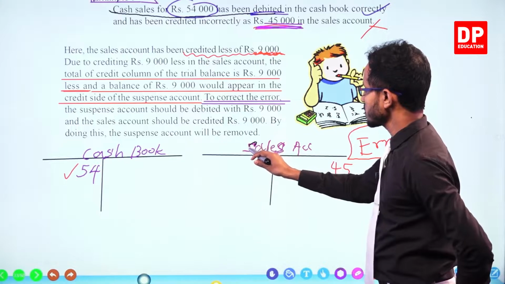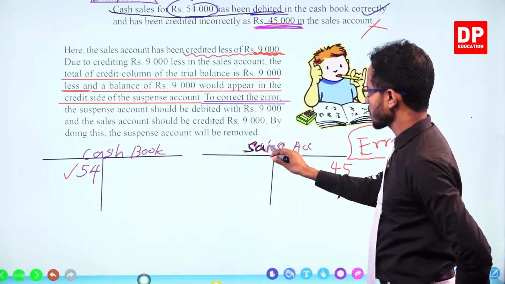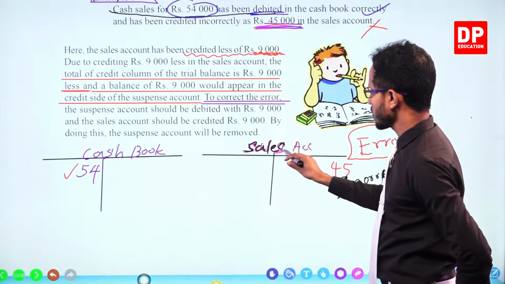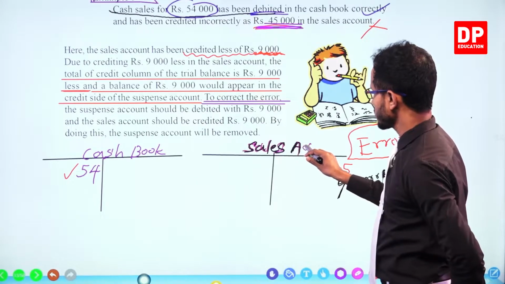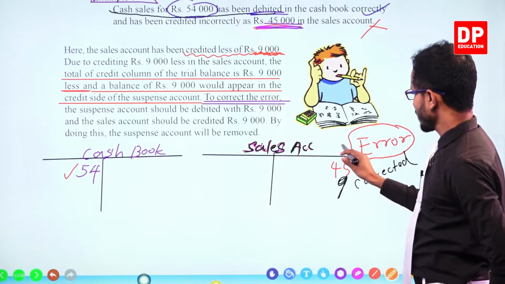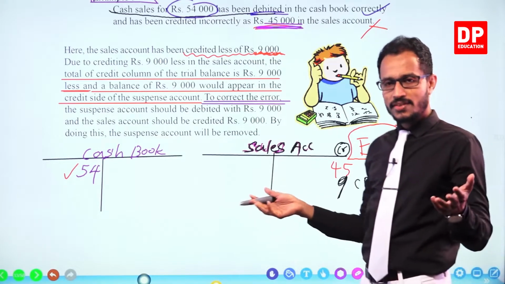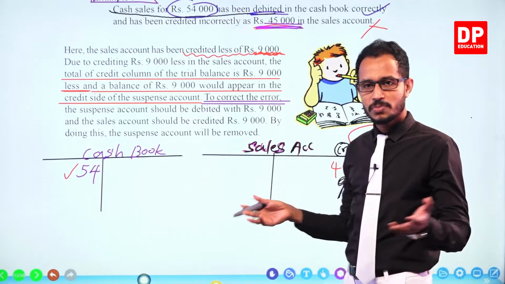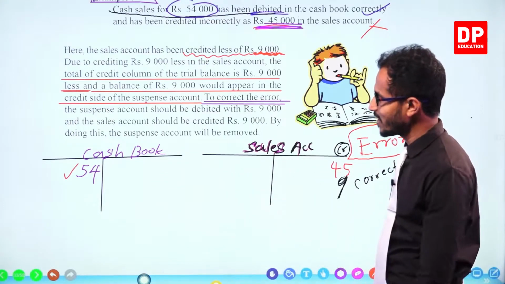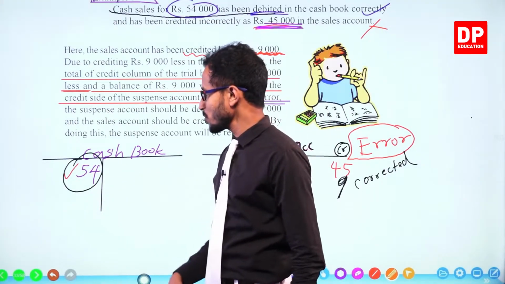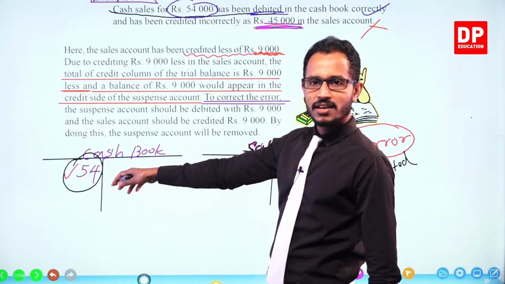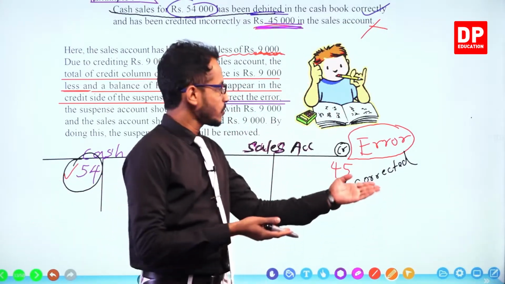You entered the sales account, credit side, 9,000. Where is the double entry? There should be a debit entry, right? Here there's nothing wrong, so you can't debit anything here. Where do you debit this 9,000?